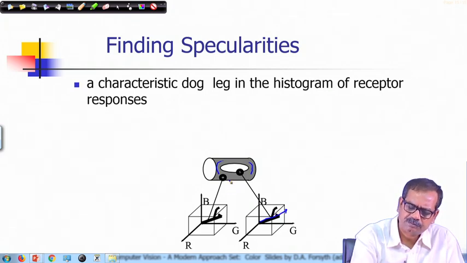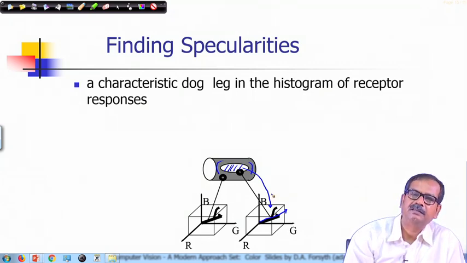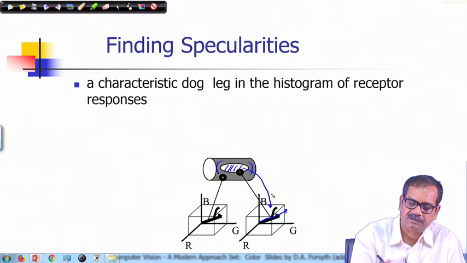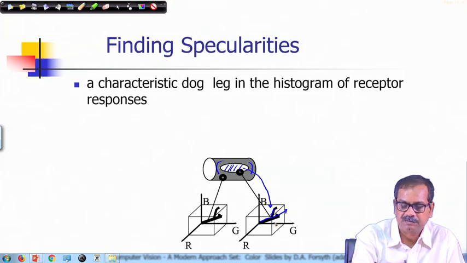But on top of that, if there is a shiny surface, that is a specular reflection, then these colors will be related to the color of the illuminant. So, this vector will give a direction along this particular surface, and since it is a superposition, you get a shift. So, you will find other points in this space on top of that, and this structure is a kind of dog leg structure.